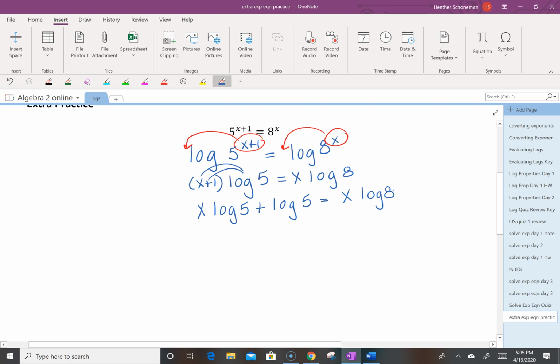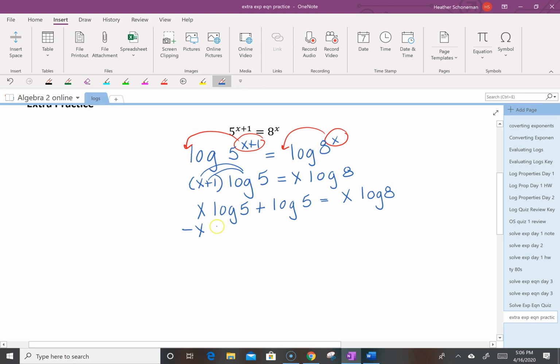Now to solve, I want to get the x's together, just like I would in a regular equation. Think to yourself, what if you had 5x plus 6 equals 8x. Well, you would subtract the 5x, wouldn't you? Well, that's what we're going to do now. We're going to move the x's together. Here's the catch, though.